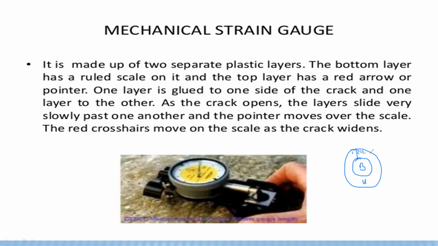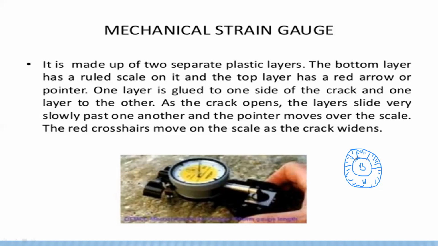We can measure the strain in terms of values because a calibrated scale is marked on the bottom layer. And the top layer has a red arrow.